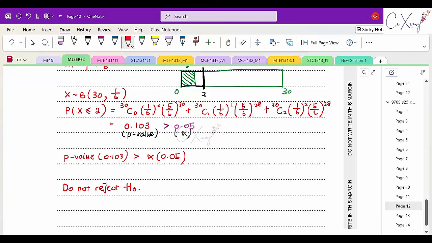And after that, what is the conclusion here? That means there's insufficient evidence to support the girl's suspicion.